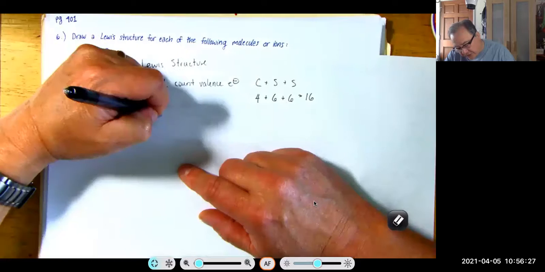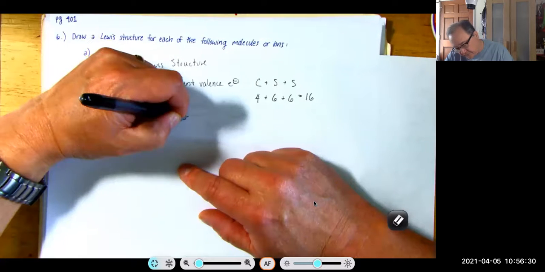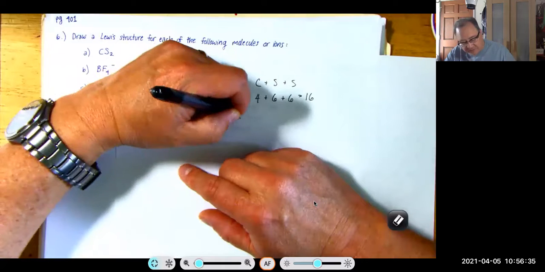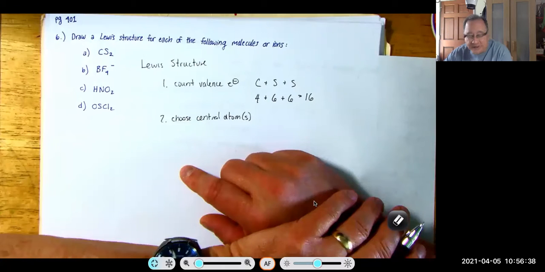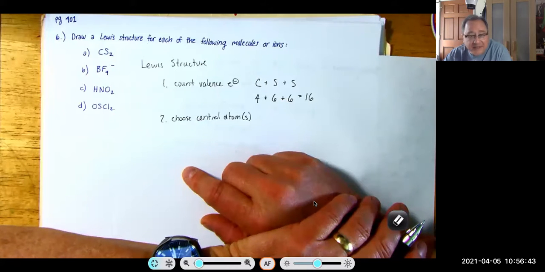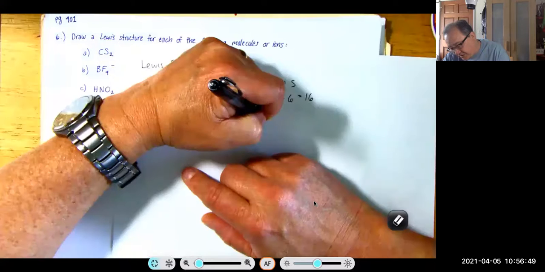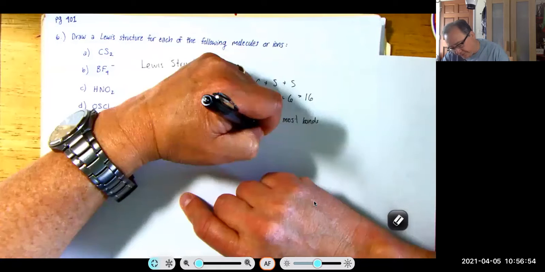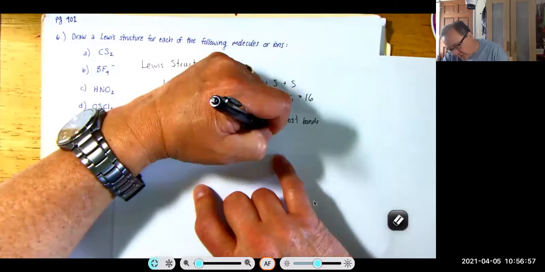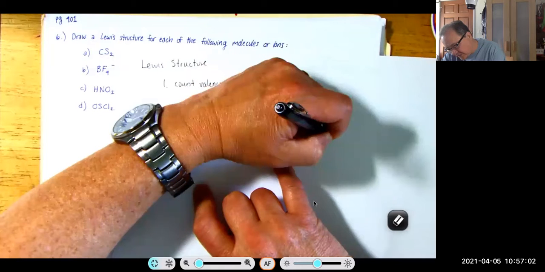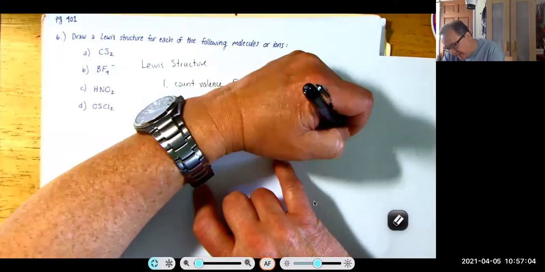And then you choose a central atom. I'm going to put choose central atoms because there will be some cases where we have more than one central atom. And generally, when you're choosing central atoms, you choose the one that tends to make the most bonds, or the smaller atomic number if in the same group.